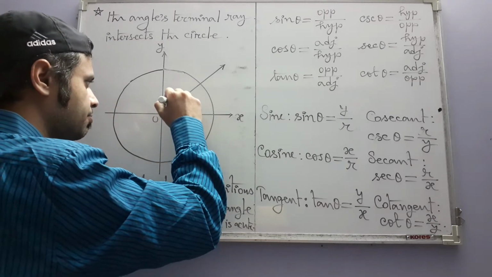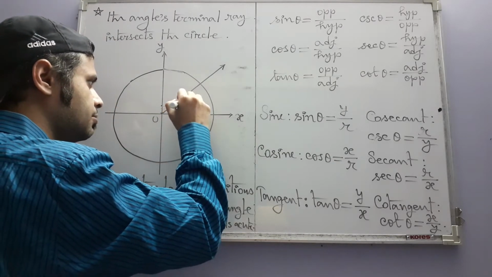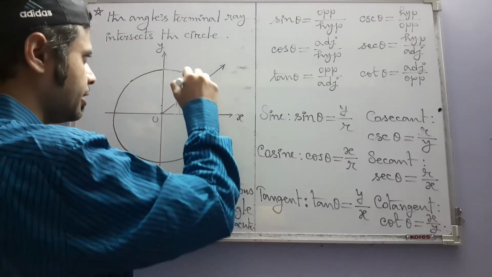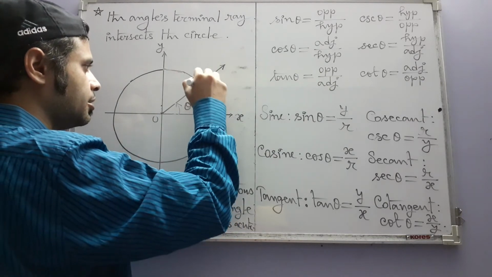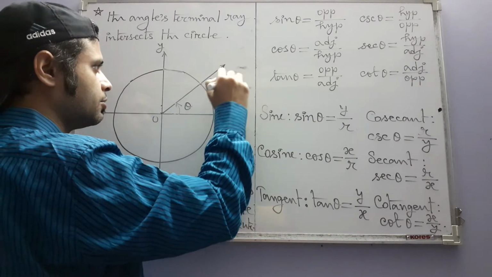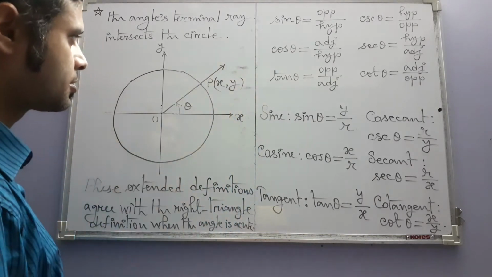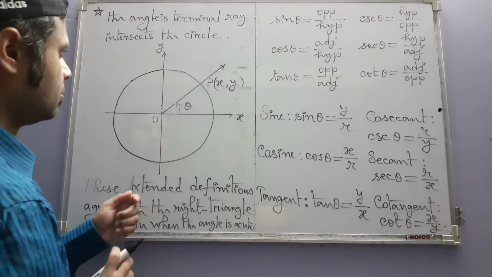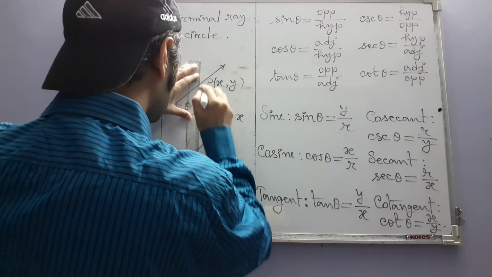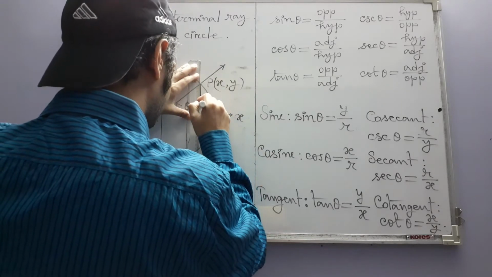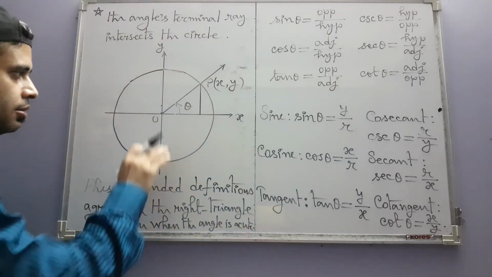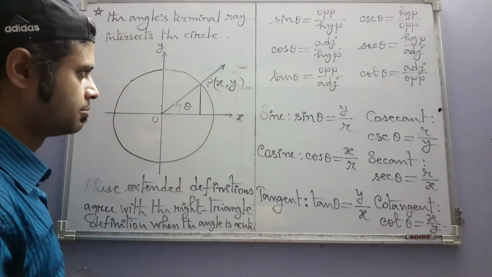So now this is our angle theta, which is an acute angle. Again, the terminal ray intersects the circle at some point which has coordinates x and y. Fine. So now what we do, we draw a perpendicular from the point P on the x-axis.